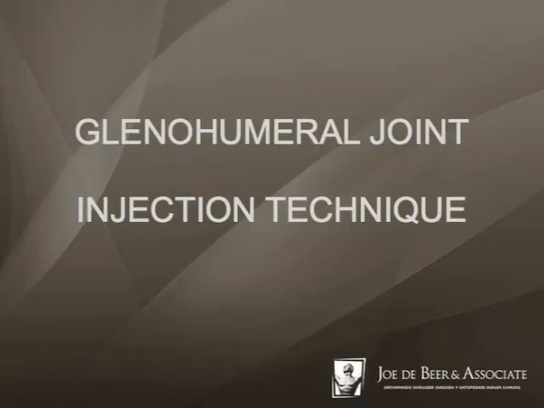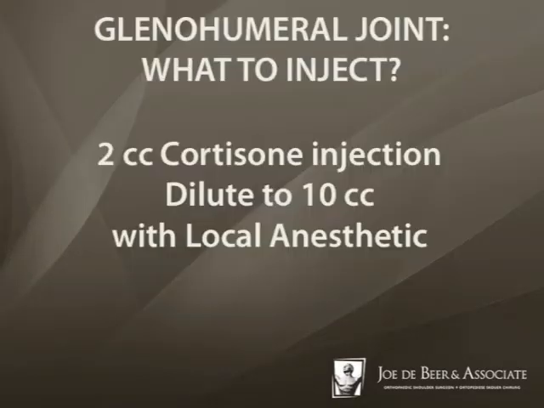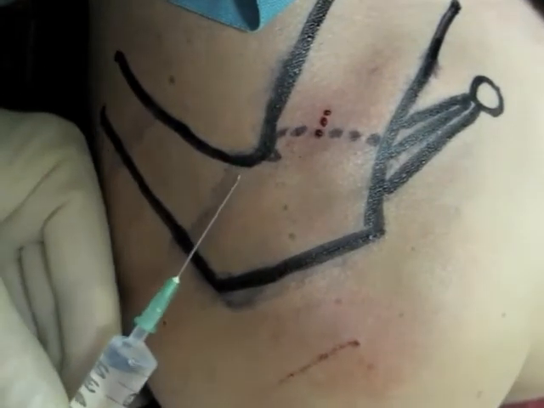Injection techniques into the glenohumeral joint. We usually use a large syringe, 10 cc's, but smaller, 5 cc's may be used. And we put 2 cc's of cortisone and dilute the rest with local anesthetic.